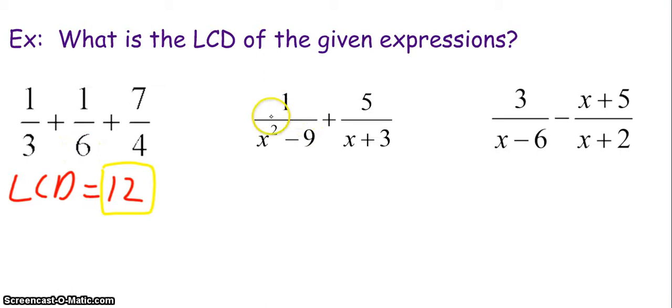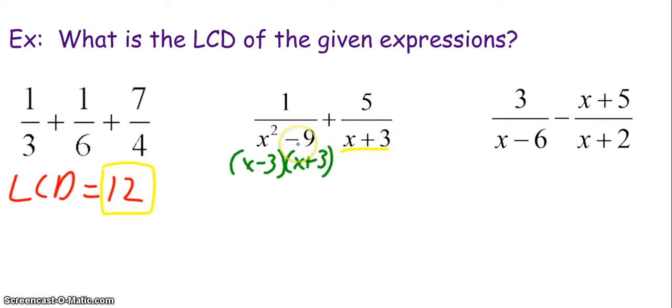So then let's look at 1 over x squared minus 9 plus 5 over x plus 3. Well, first you want to think about what the factors of x squared minus 9 are, because this might simplify, and in this case it does. So x squared minus 9 is actually x minus 3 times x plus 3. And this denominator here has x plus 3 in it.